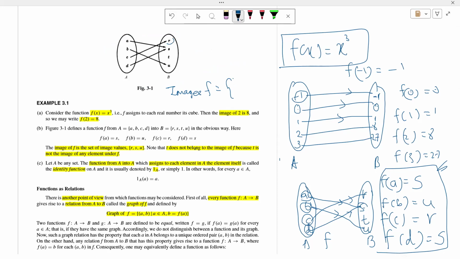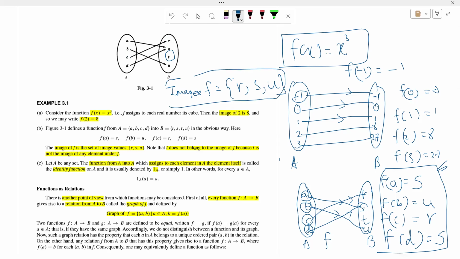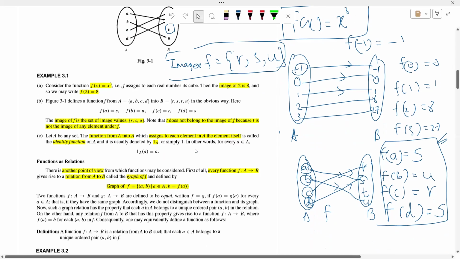So the codomain element R has a relation with domain element C. Similarly, S has a relation with A and D. Similarly, U has a relation with B. So the images are R, S, and U. We cannot write T because the codomain element T does not have a relation with any domain element. So we can say the images of the function are R, S, U. There is no T.